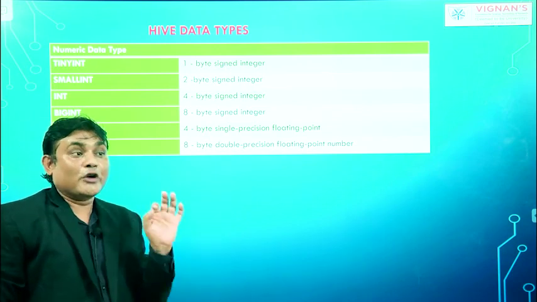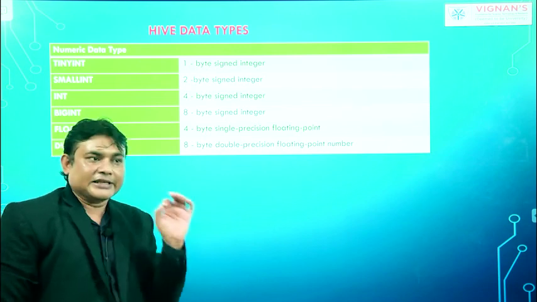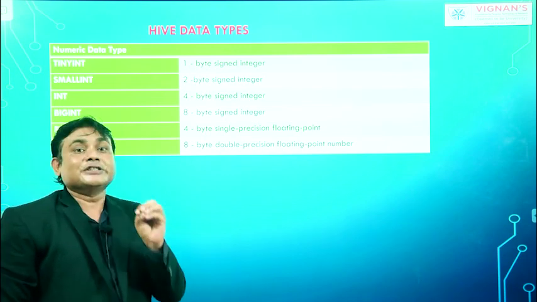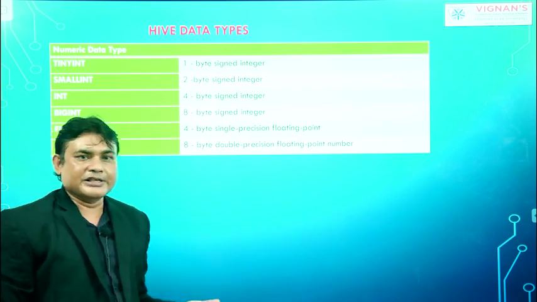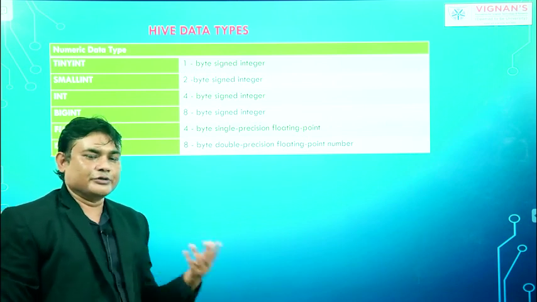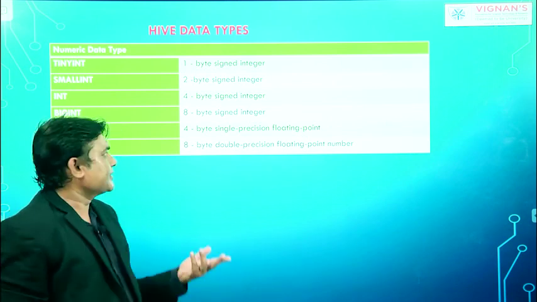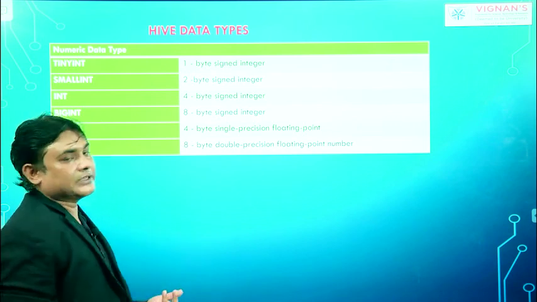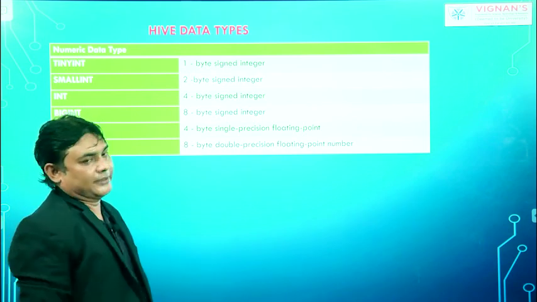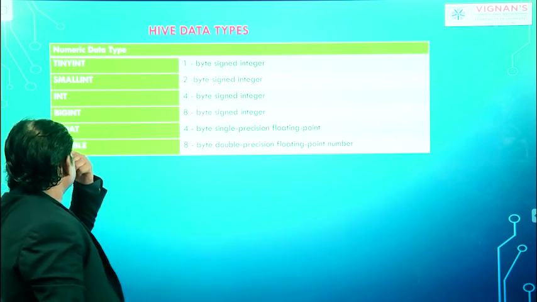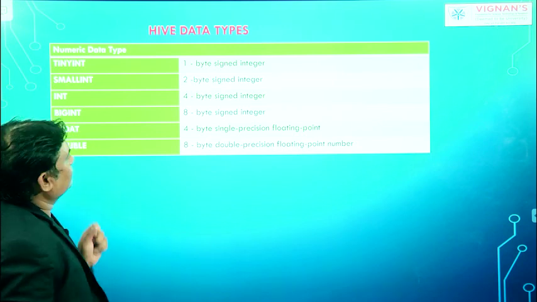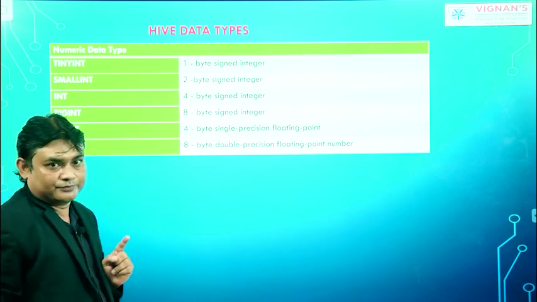If you want to create a table, just like in SQL, we have to use data types. Just like Oracle and MySQL use different data types, similarly we have different data types available inside Hive. We have numeric data types: tinyint, which has only one byte.